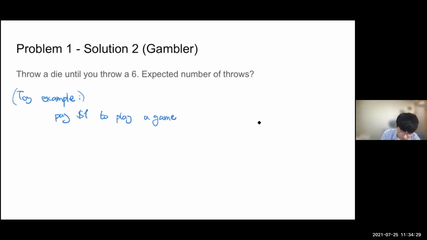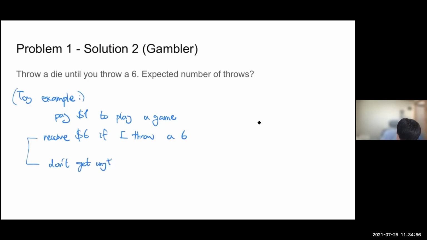Maybe this is not a toy example. So I pay $1 to play a game, and I get $6 if I throw a 6. So I throw a die again here, and I don't get anything otherwise.